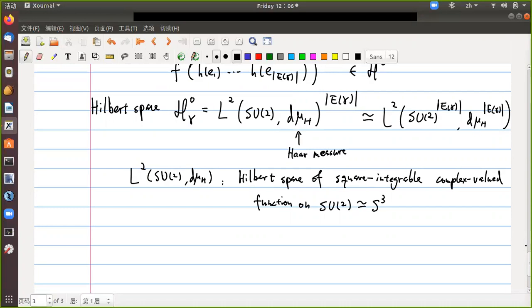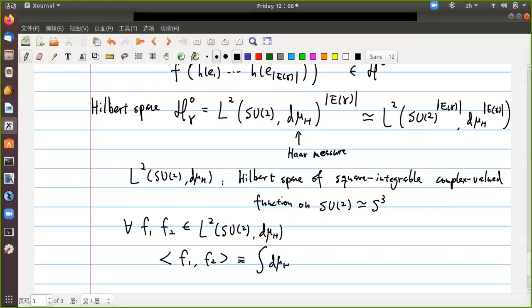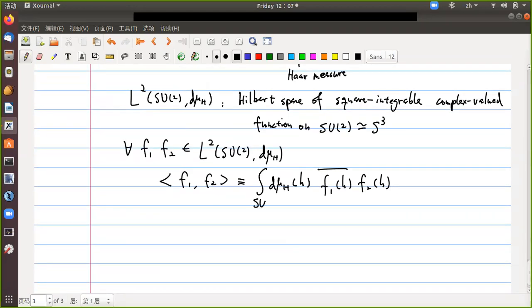What I mean by square integrable is that for any F1, F2 belonging to this Hilbert space, let's consider just a single copy of L2 of SU2 with mu H, square integrable means that the inner product of F1 and F2, defined to be the integral with respect to the Haar measure mu H of the complex conjugate of F1(h) times F2(h), integrated over SU2, must be finite.